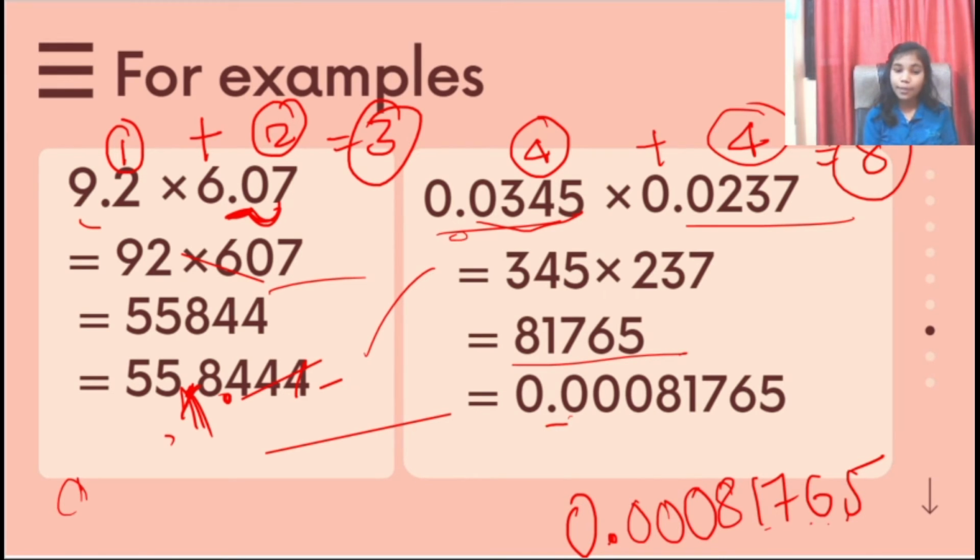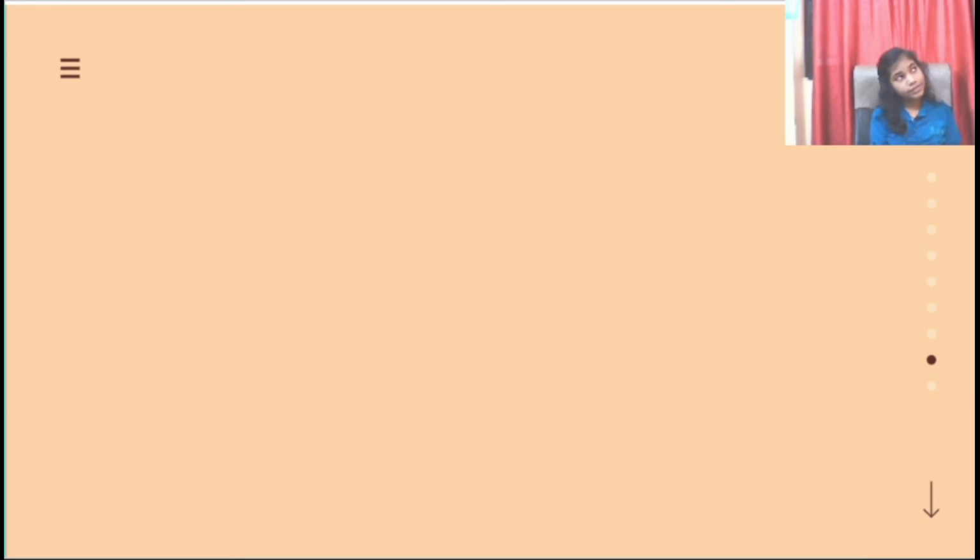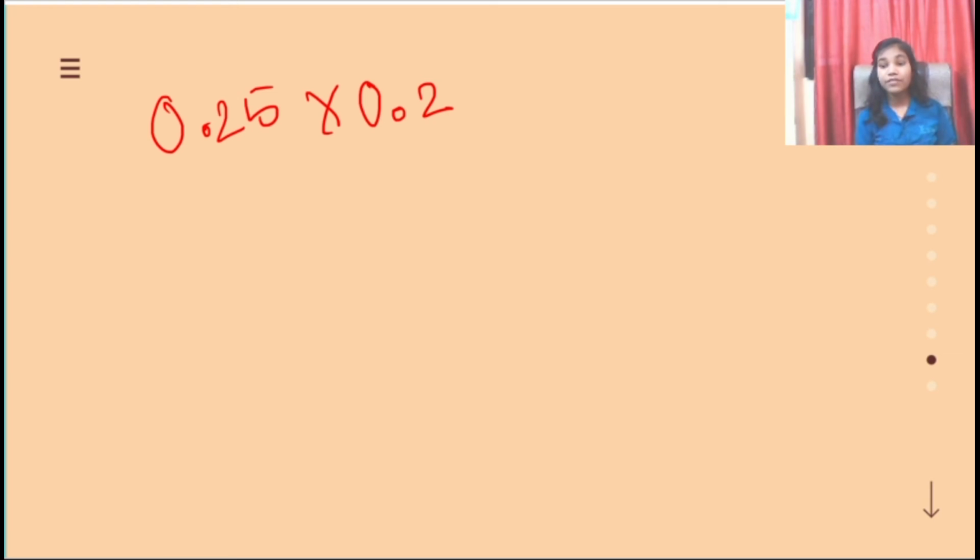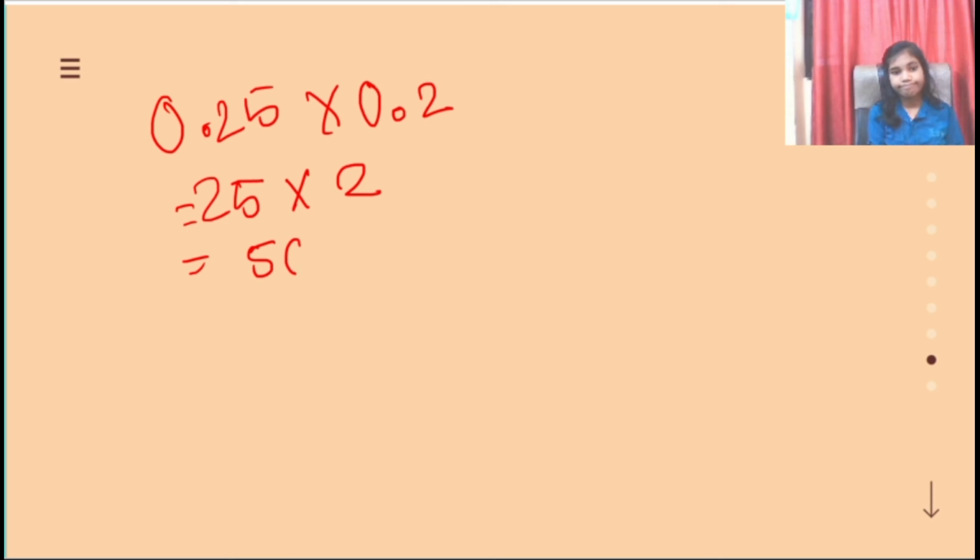Now let's take our own example. I have 0.25 multiplied by 0.2. What was the first step? Yes, multiply without the decimal point. So you get 25 multiplied by 2, which is 50, right? Now the question arises, where to put the decimal point?